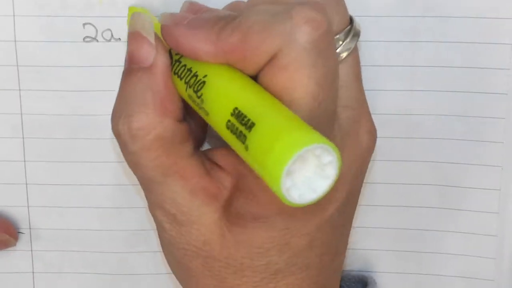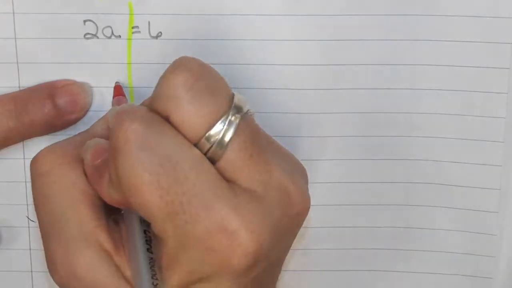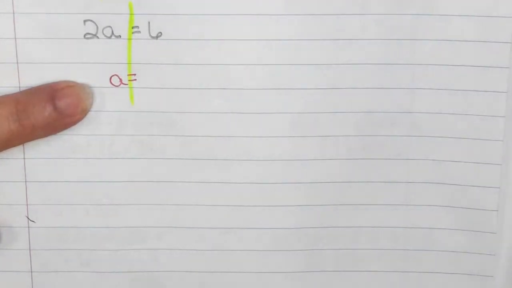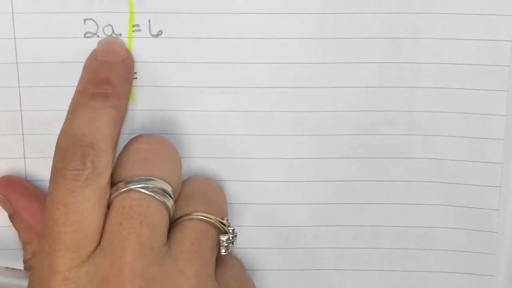Now, the idea is the same. You still have like this imaginary line. Your goal is to get a equals something. Okay? But to show it, we show it a little differently. 2 up against a means multiply. So the opposite is divide.